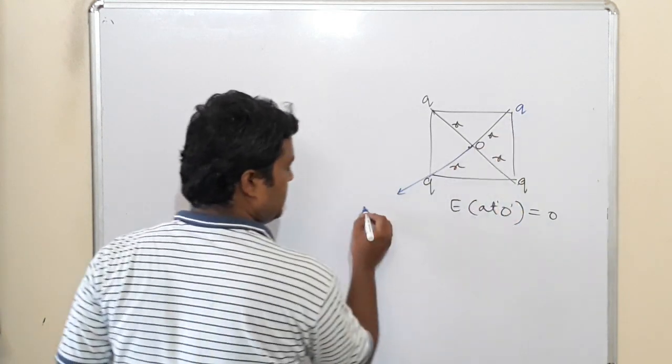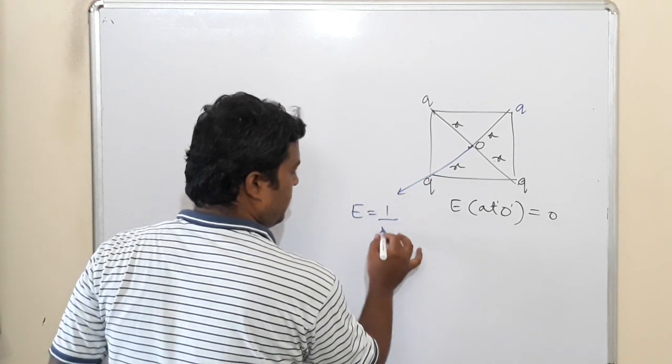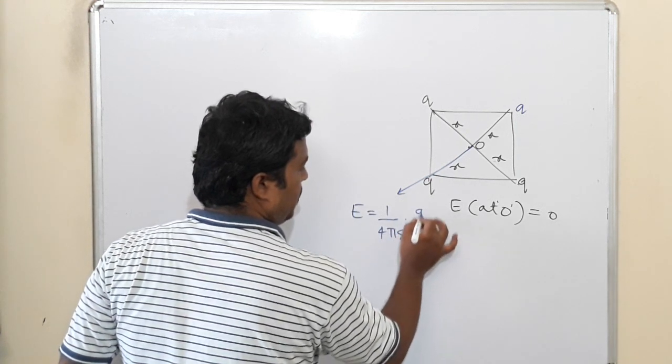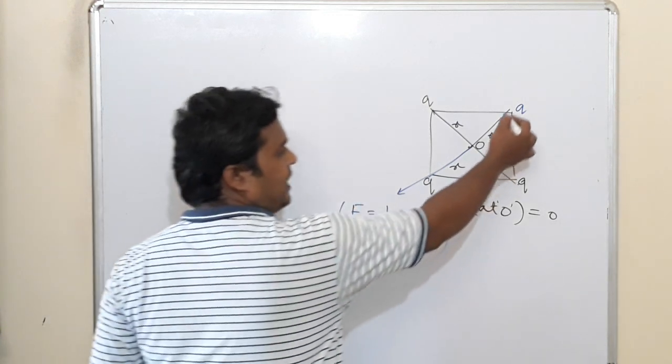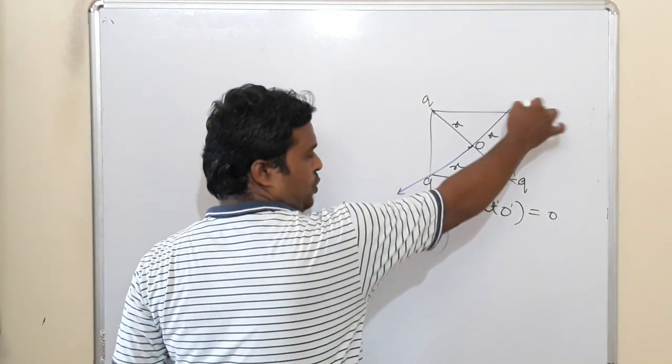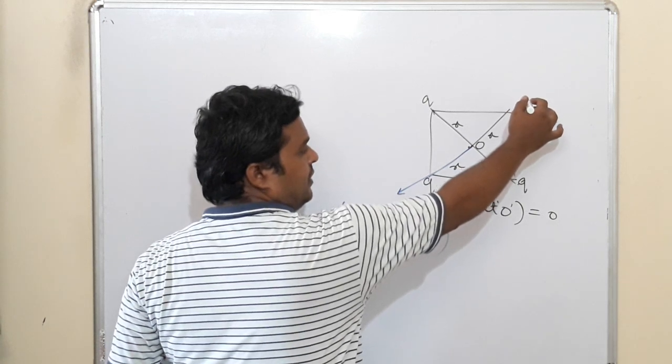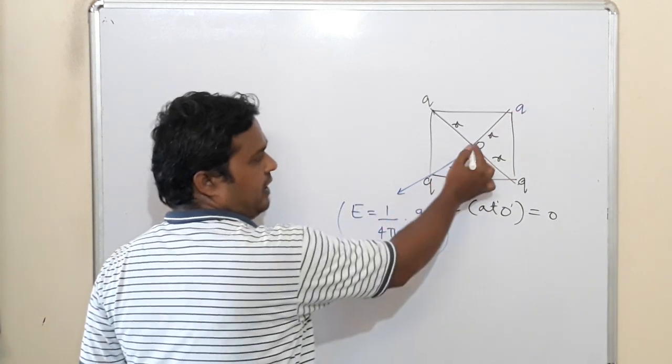This charge, how much electric field will it make? 1 by 4 pi epsilon naught q by x square in this direction. This alone charge, if it is assumed to be present, is making this much electric field at the center.